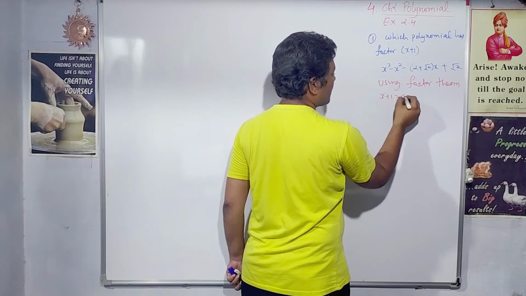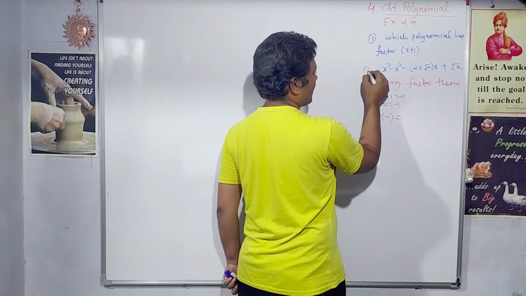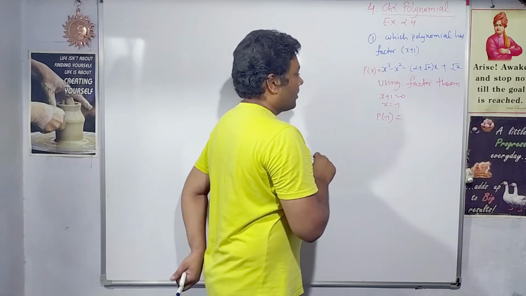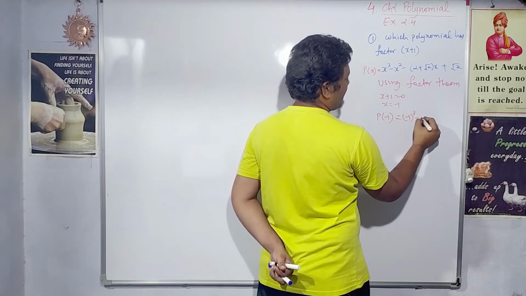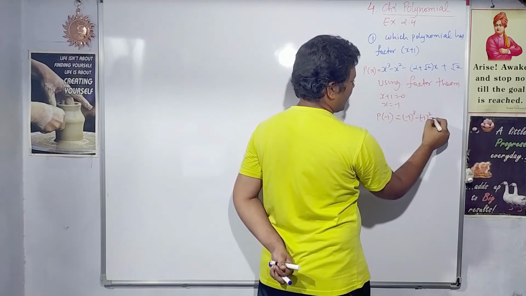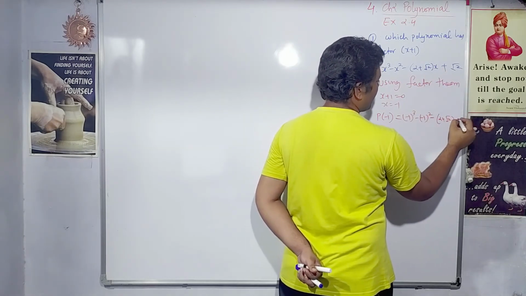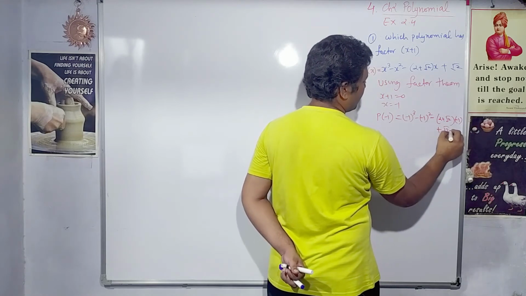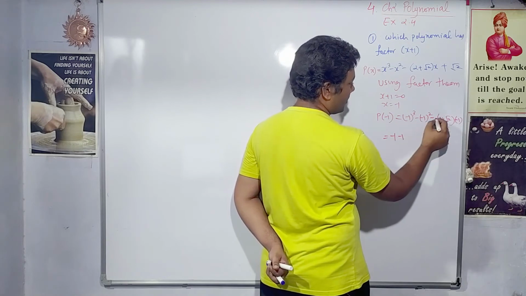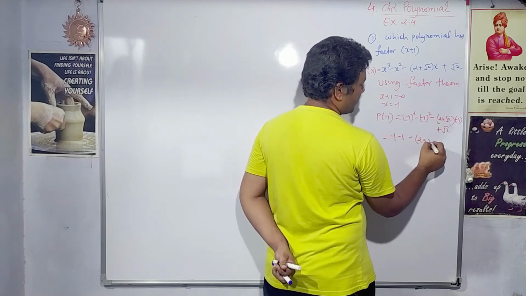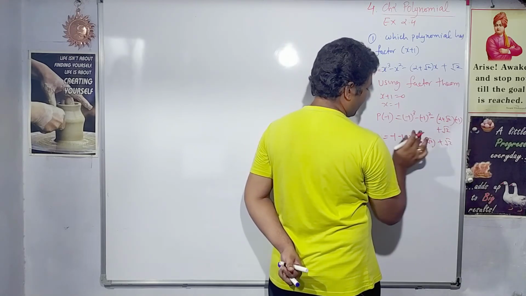Using the factor theorem, x plus 1 equal to 0, x will be equal to minus 1. So let us put p of minus 1. Let us say that this is p of x. If you put p of minus 1, this will be minus 1 cube minus of minus 1 square, then minus sign, then 2 plus root 2, this is minus 1 and plus root 2. Simplify: this will be minus 1, this will be 1, minus 1, this will be minus 2 plus root 2, and this minus will become plus root 2.